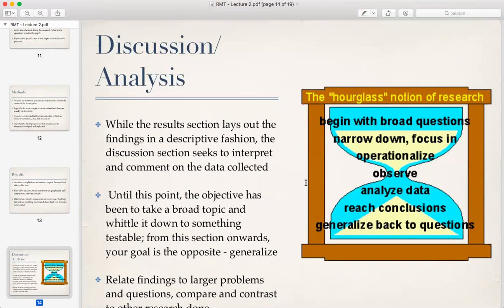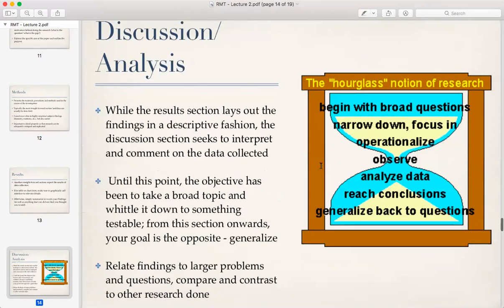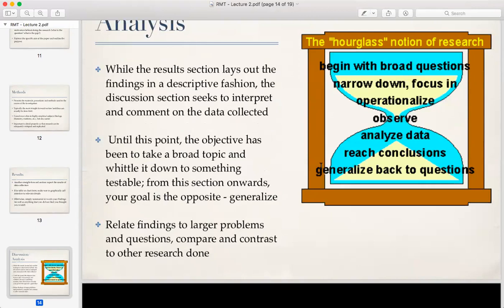You're not just a reporter, just reporting what you see and what you did. You're a scientist, right? You're thinking about the consequences, and in the discussion, you're trying to interpret and comment on the data that you got, and so you're generalizing what are the consequences, what are future directions that your research can go.